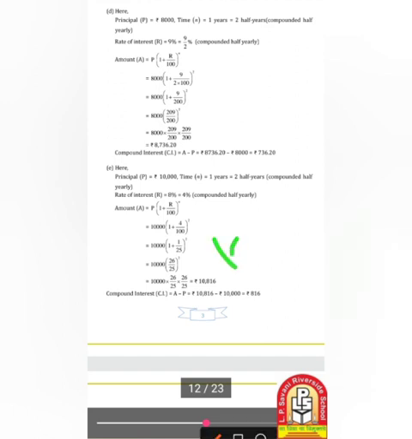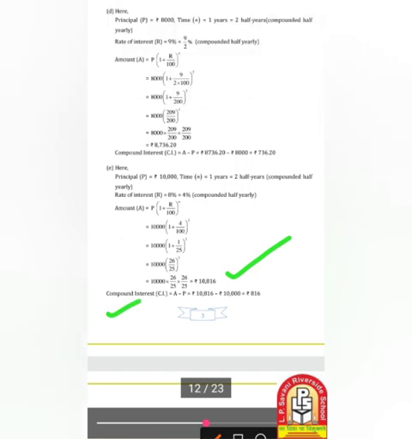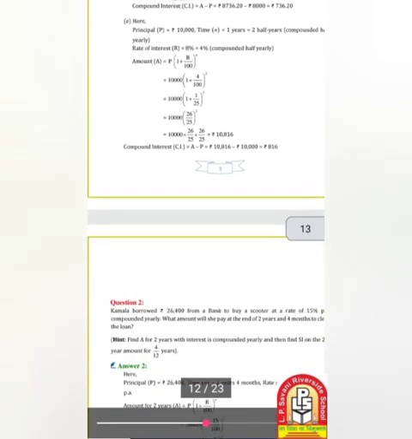So 10,000 into 26 upon 25 multiplied by 26 upon 25, that is 10,816. So compound interest A minus P, that is 10,816 minus 10,000, that is 816 only.